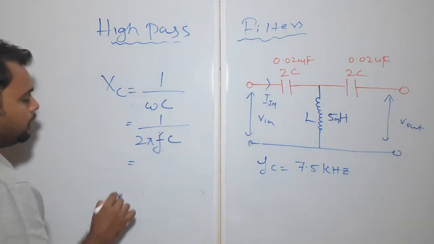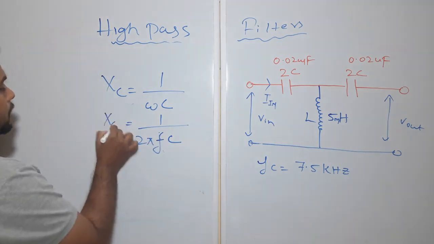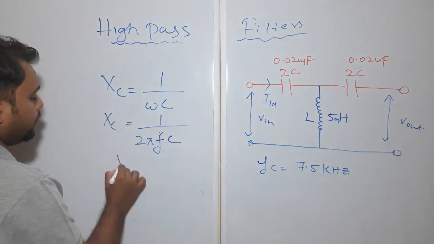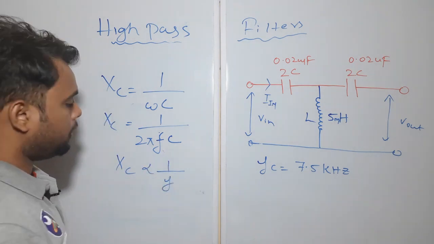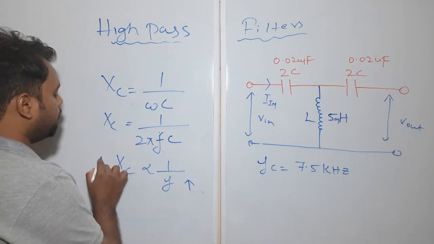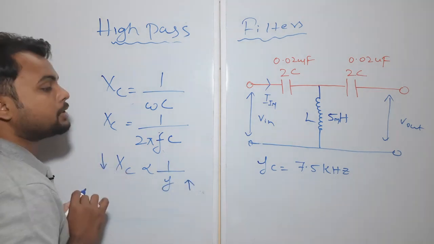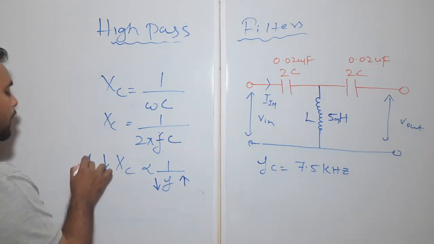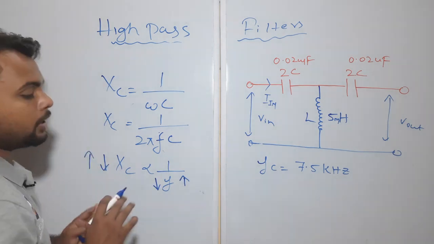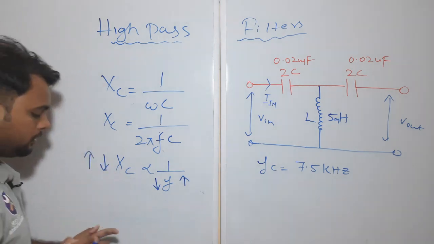Now as you can see, the Xc is inversely proportional to the frequency. That means the higher frequency wave will get a lower amount of capacitive resistance, and lower frequency will get a higher capacitive resistance if we connect it to a capacitor.